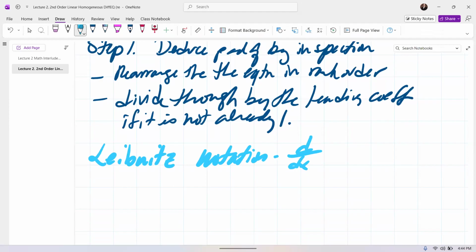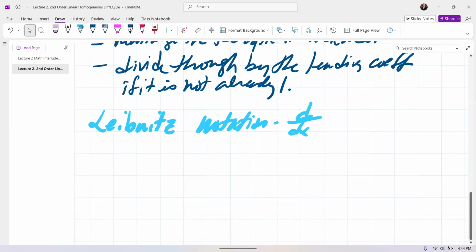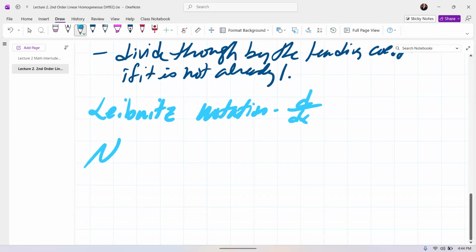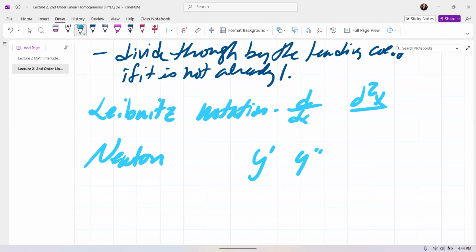Maybe you're aware, but calculus was actually invented twice. It was invented by Leibniz, and it was also invented by Isaac Newton. And Isaac Newton had the y prime, y double prime. This is like d/dx, d squared x, or d squared y over dx squared.